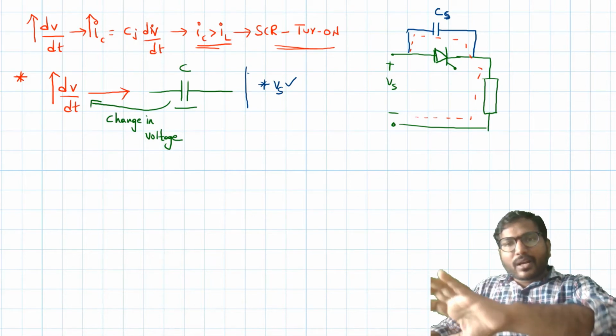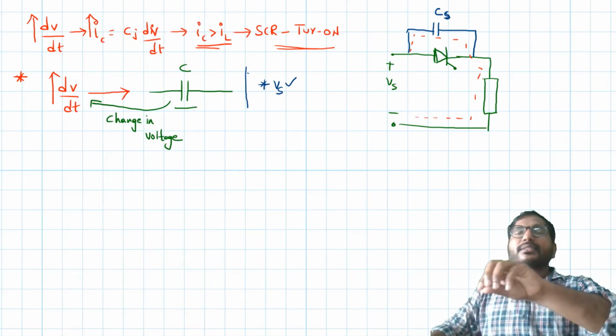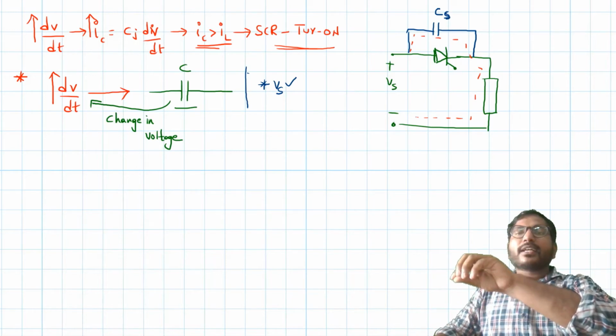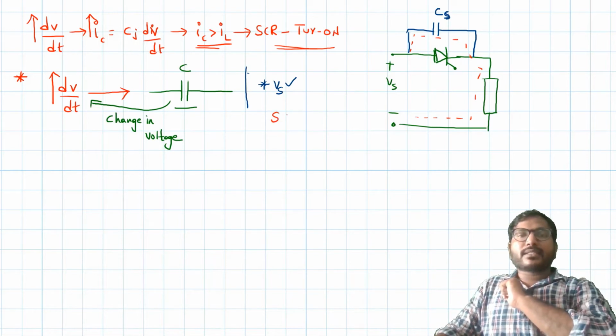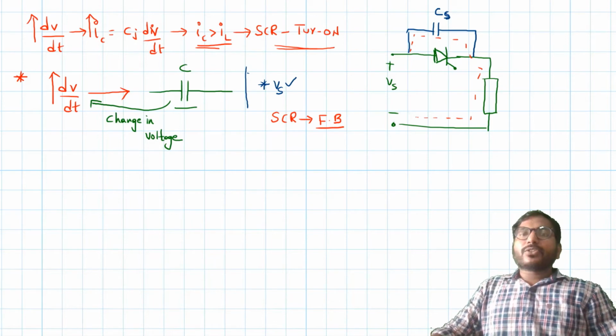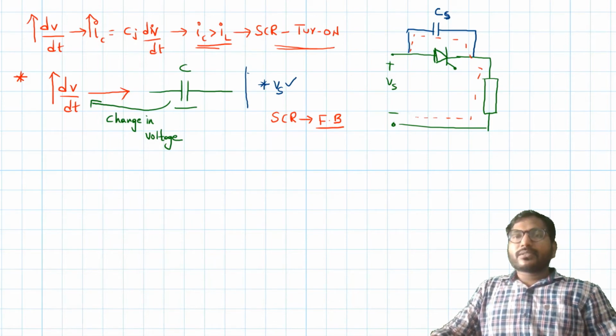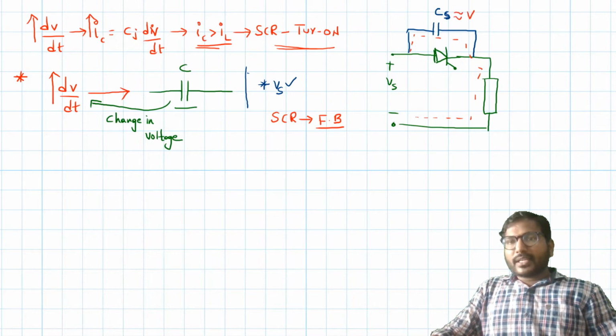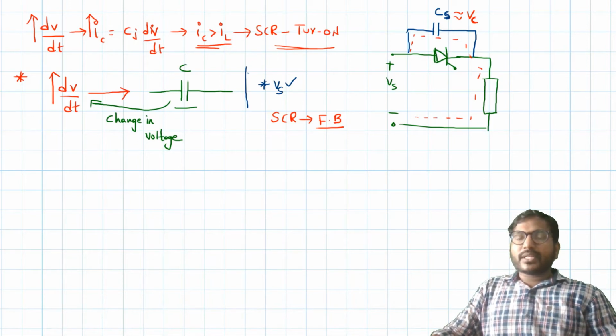This discussion is before the triggering of the SCR, that is, when the SCR is in forward blocking mode. So the capacitor is charging, and its maximum charging voltage VC is always the supply voltage.